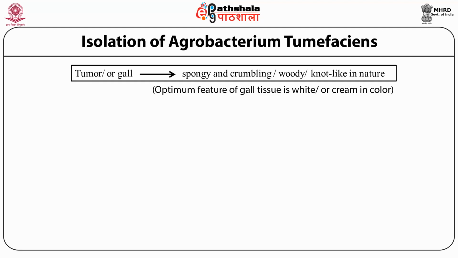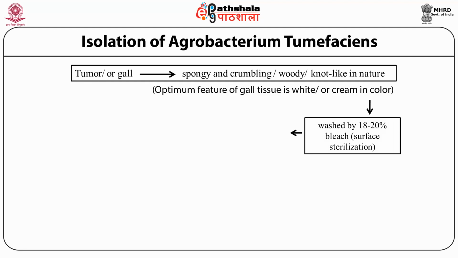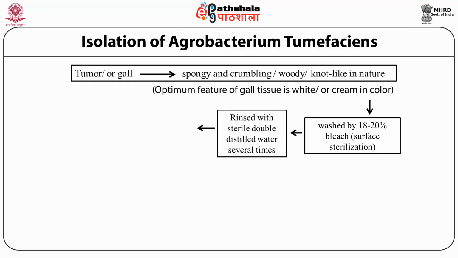Once we isolate the tumor gall, we wash it with 18 to 20% bleach, which is the process of surface sterilization. After surface sterilization, it is properly rinsed with sterilized double distilled water many times. Once sterilization of the gall tissue is completed, the tissue is broken down into small pieces.